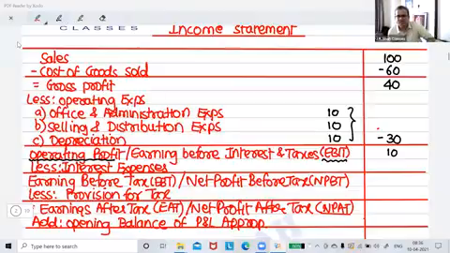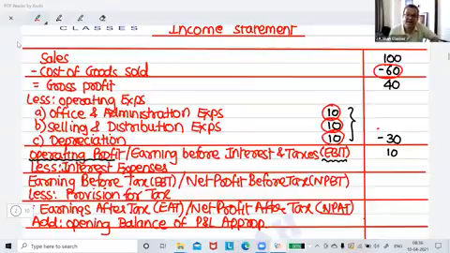We will consider COGS as our operating cost. Obviously, sir. Office and administration, selling and distribution, and depreciation. So 60 plus 10, 70, 70 plus 10, 80, 80 plus 10, 90. Right, friends?